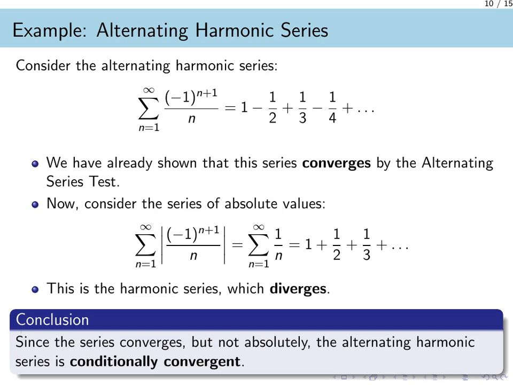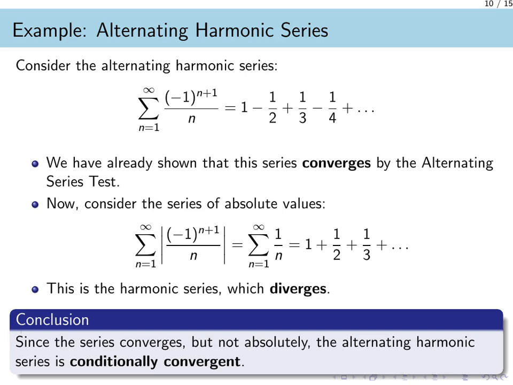Now we ask a new question. Does the series formed by the absolute values of its terms also converge? Taking the absolute value of each term simply removes the alternating sign, leaving us with the sum of 1 over n. This is the standard harmonic series, which we know diverges.